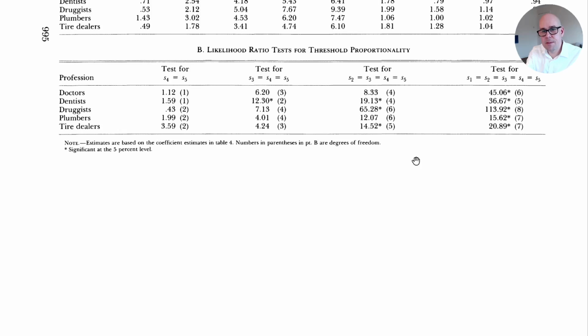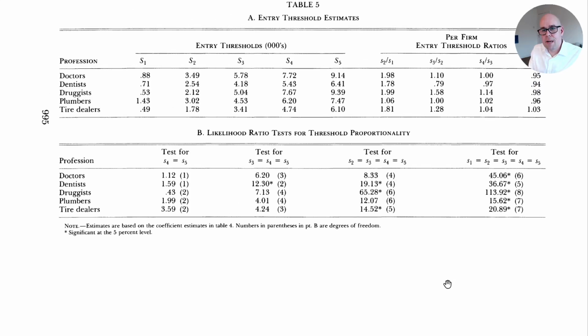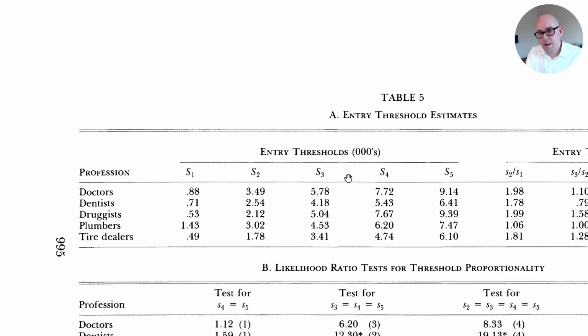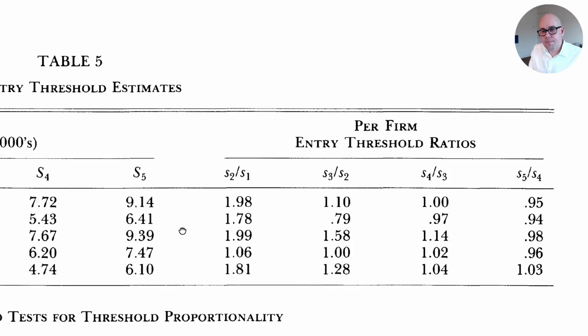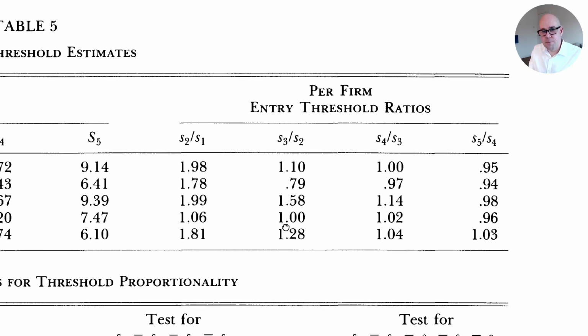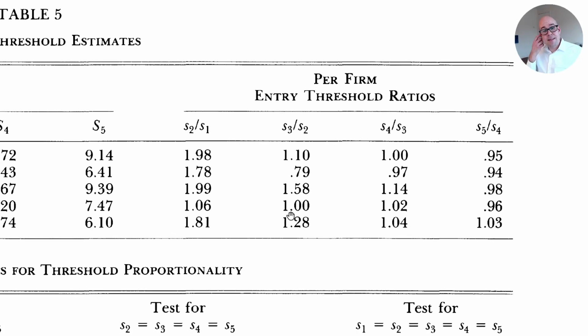But this becomes clearer once one looks at these entry threshold ratios. So let's take the number of people per firm when there are 2 firms relative to the number of people per firm when there's 1 firm. Then we get these numbers here, 1.98, and then 1.1, 1.95.